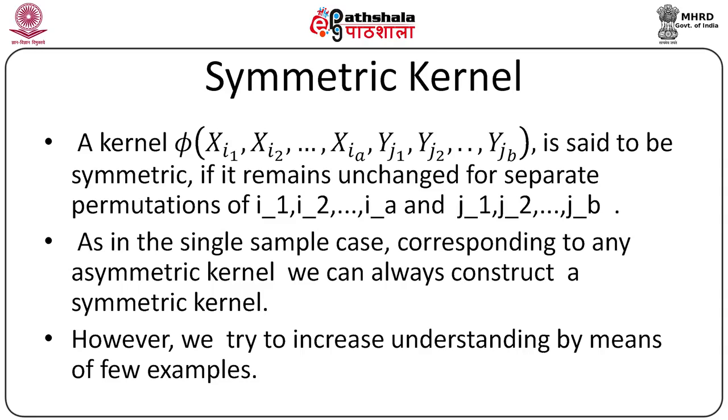Then phi is said to be symmetric if it remains unchanged for separate permutations of i1, i2, ..., ia and j1, j2, ..., jb. As in the single sample case, corresponding to any asymmetric kernel, we can always find a symmetric kernel. The idea is, as before, to take the average of all possible phi values as the new kernel, and the average will be a symmetric kernel for this situation.